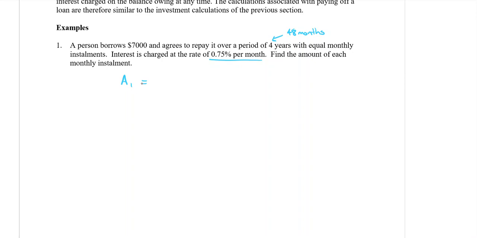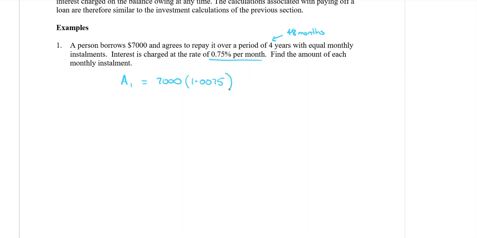In the first month, the person has borrowed $7,000. They are going to get charged compound interest on that, which means I'm going to be multiplying that by 1.0075, because that was a percentage. I had to divide it by 100, and I've added on the 1 from the compound interest formula.